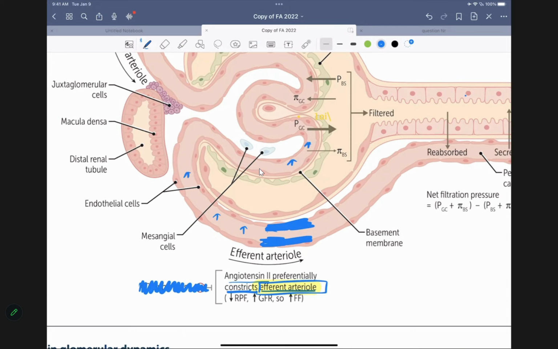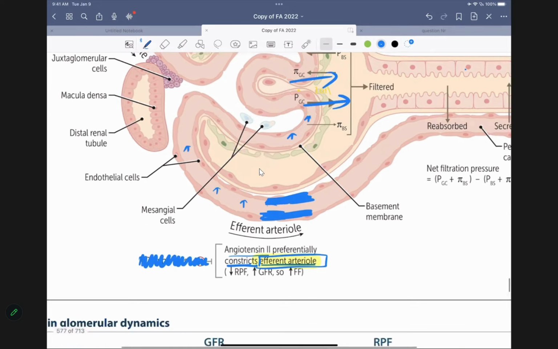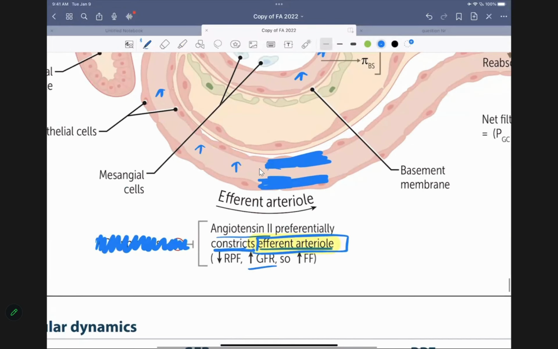Nothing can get out. Does that make sense, folks? When the pressure is high inside the capillary, they will push everything down. Because the pressure inside the blood vessel is so high, it can increase the filtration. So you should know that increases GFR. Does everybody agree? That's because blood is backing up, the pressure is high, folks.